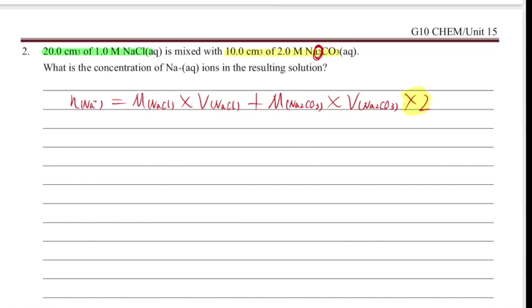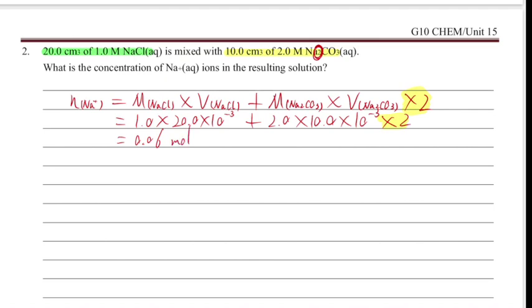That's the key. Then we substitute those numbers in: 1 multiplied by 20 multiplied by 10 to the power of minus 3, plus 2 multiplied by 10 multiplied by 10 to the power of minus 3, and remember, multiply by 2, the coefficient. The final answer would be 0.06 mole.